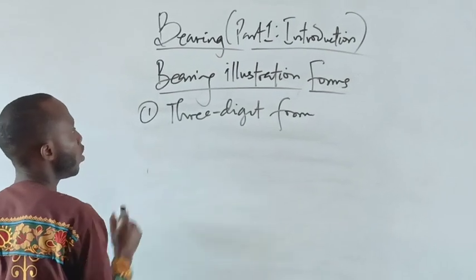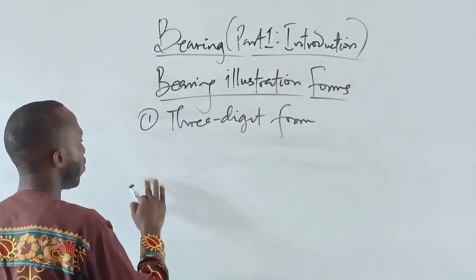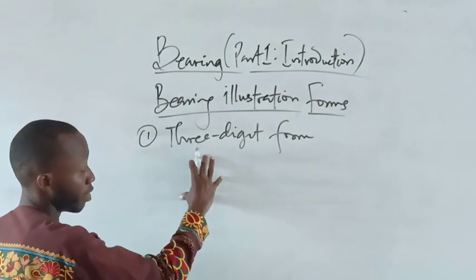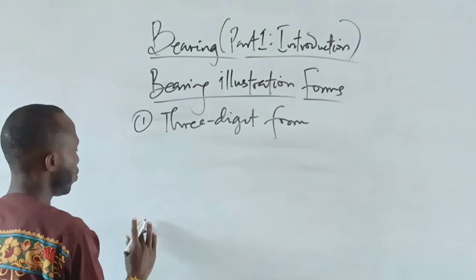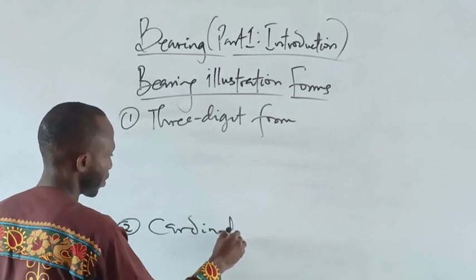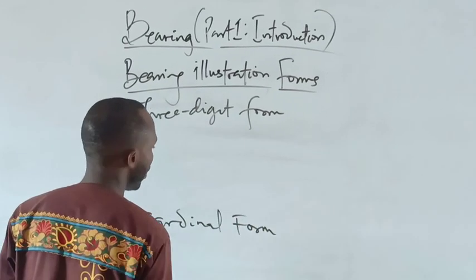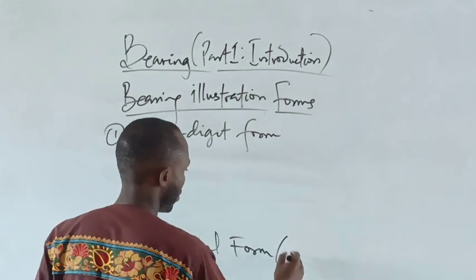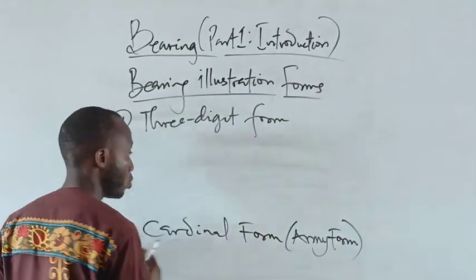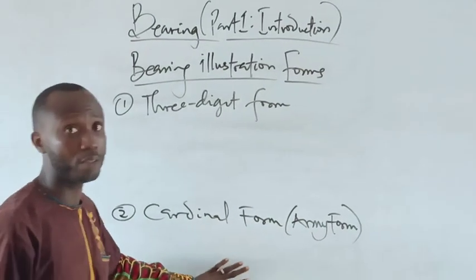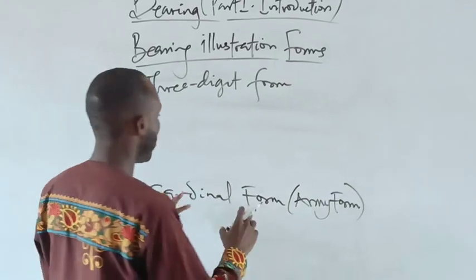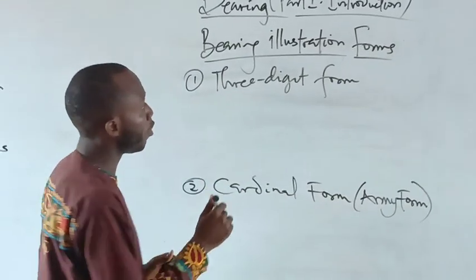And number two, so I'm going to put a diagram there. Number two, we have what we call the cardinal form. It's also called the army form. Yes, the army form. Okay, this particular way of writing bearing is what the military uses. Okay, so for the 3-digit form, it's like this.